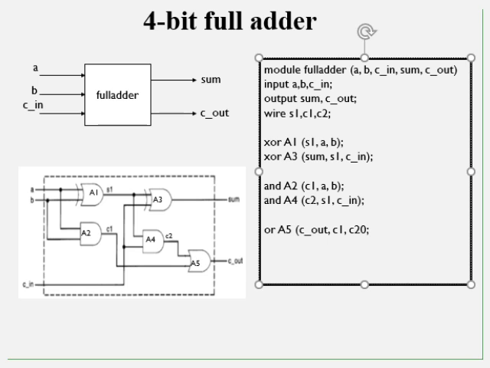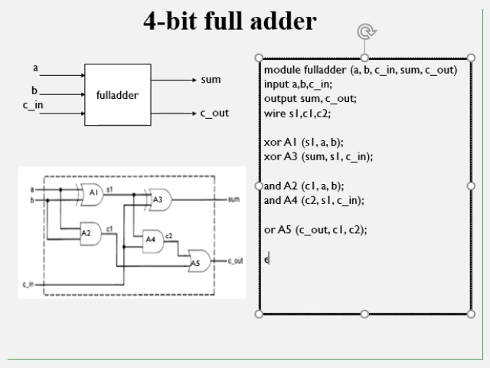So this is the OR gate. Then end it with endmodule. So this is your representation of the full adder. I have described the full adder also using gate level modeling.